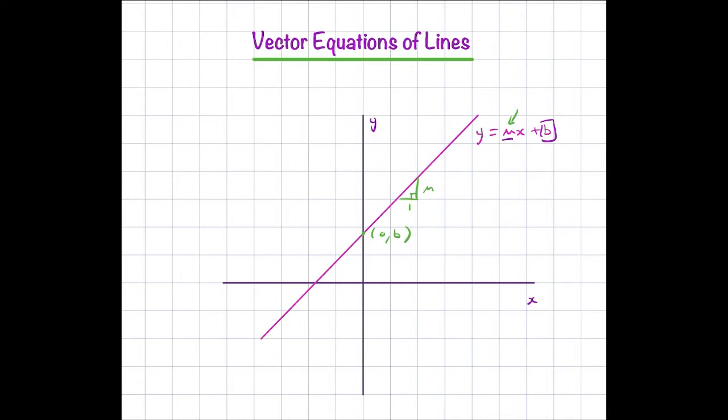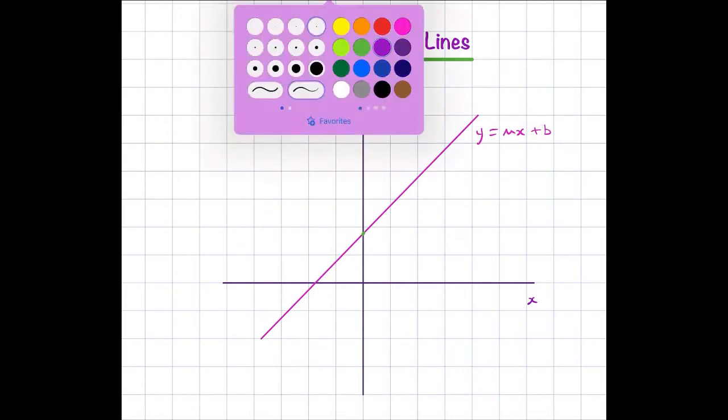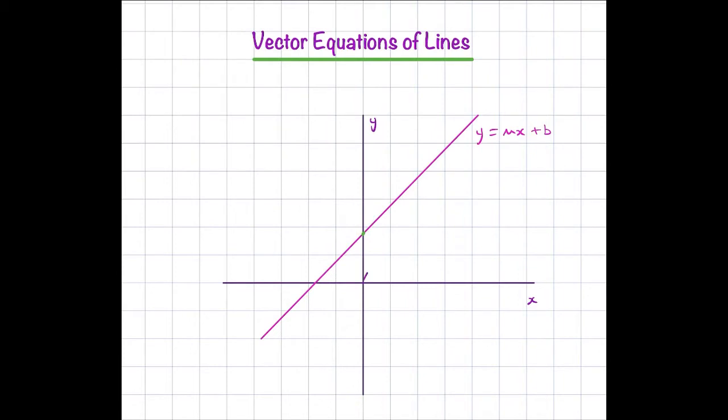And so this is great. We can represent this line this way. That's terrific. But there's another way that we could represent this line. Instead of this, I want to take a point vector on the line.